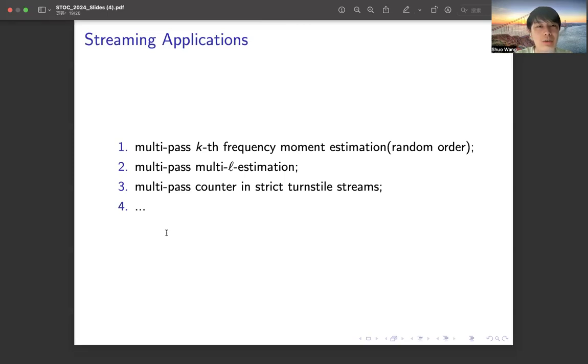The two results imply a lot of lower bounds for other streaming problems, such as the k-th frequency moment estimation problem in random order, the multi-L estimation problem, and the counter in strict turnstile streams. There are also some other applications omitted here, and they are included in our paper.